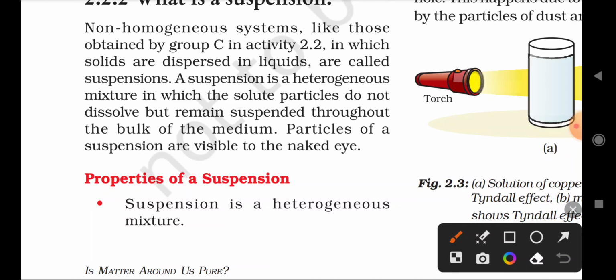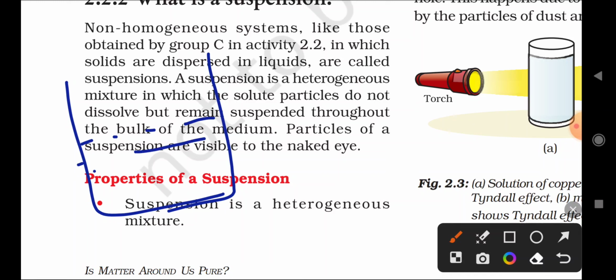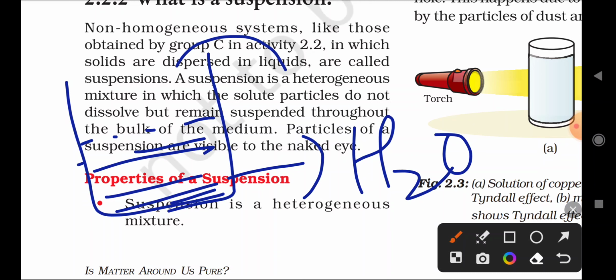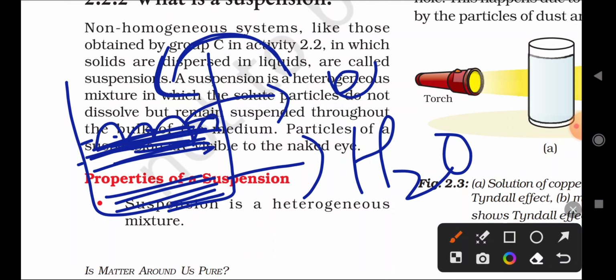This simple definition is carried out by a simple experiment, so we can easily understand. Take a small container and add water to it. Then we can add some small leaves or tiny particles. They will not dissolve in it; they will remain suspended on the surface of the water, so we can easily see them with our eyes.